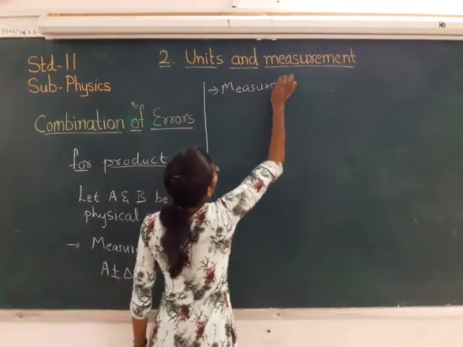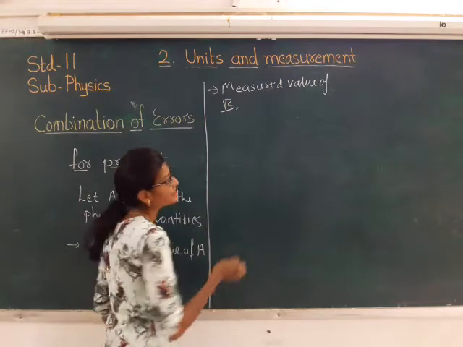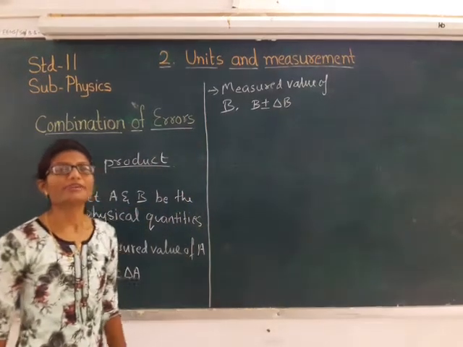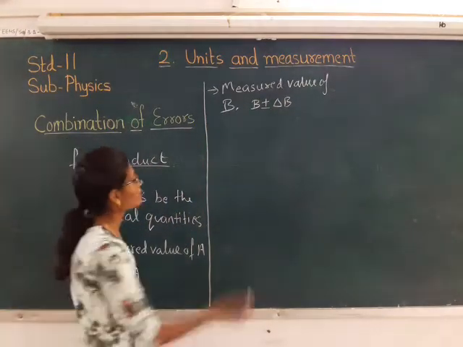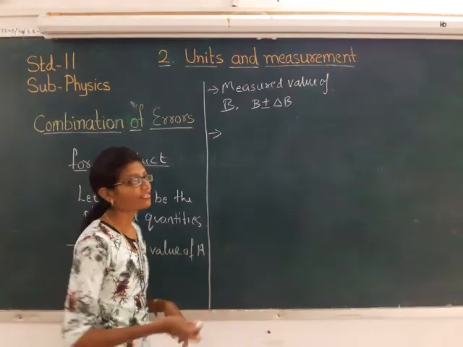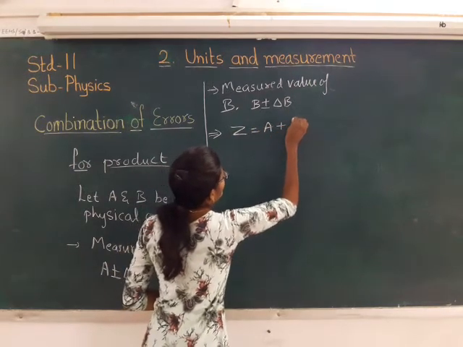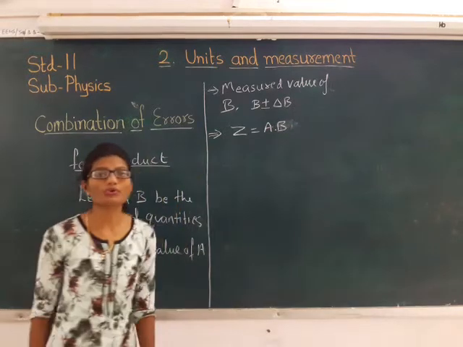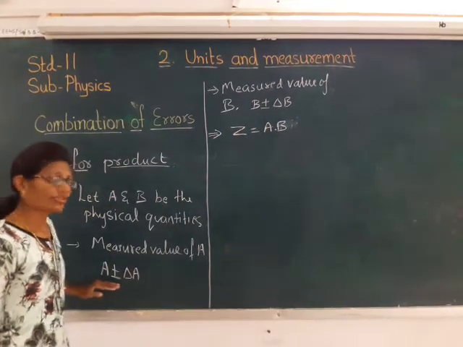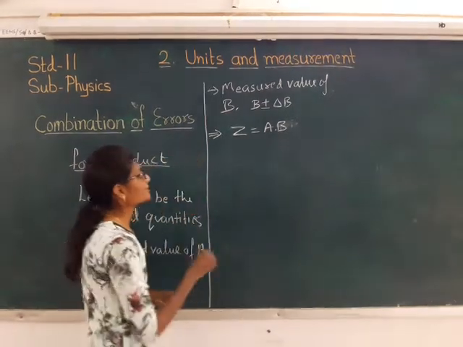Next, the measured value of B can be represented as B plus minus delta B, where delta B is the error in the physical quantity B. Here we need to multiply these two physical quantities A and B. So the result that we will get is Z. So Z is equal to A into B. As the measured values of A and B are represented with errors, the result is also represented with error.